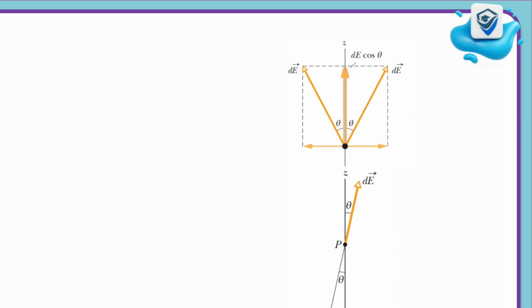The horizontal components of their electric fields have equal magnitudes but opposite directions, so they cancel each other completely. Only the components along the z-axis remain and add together.